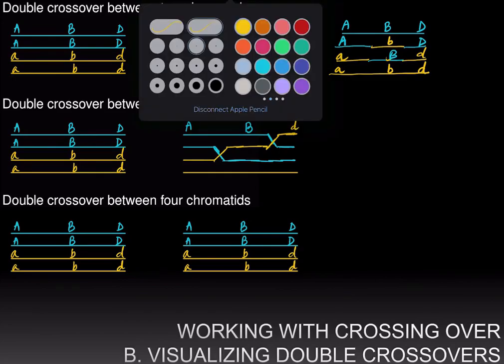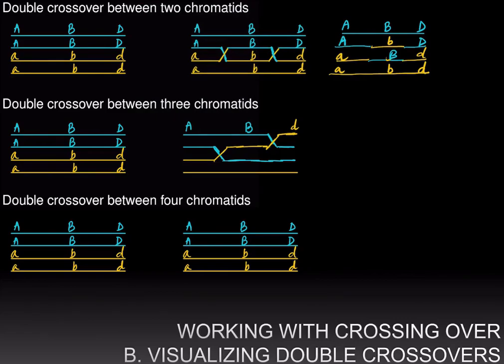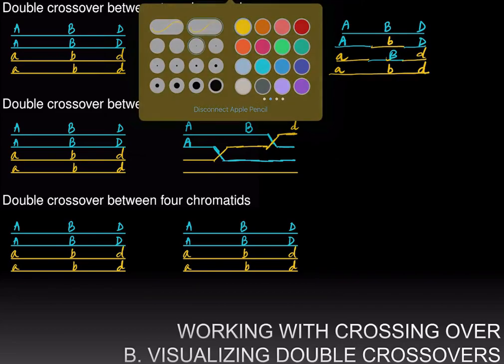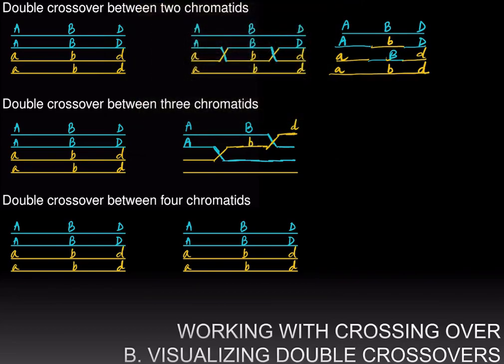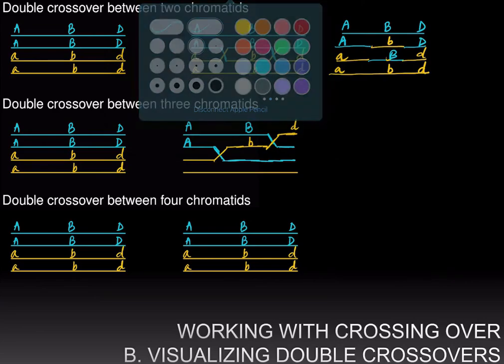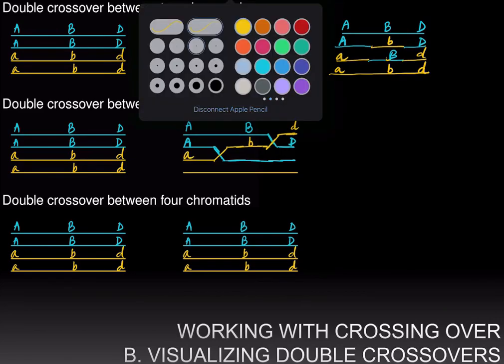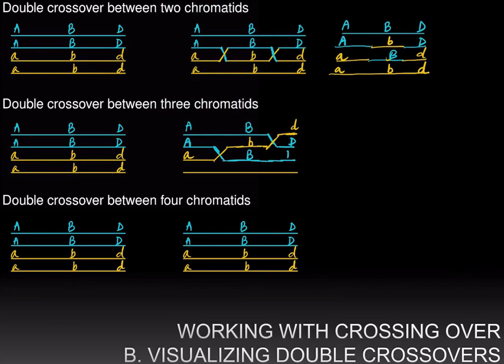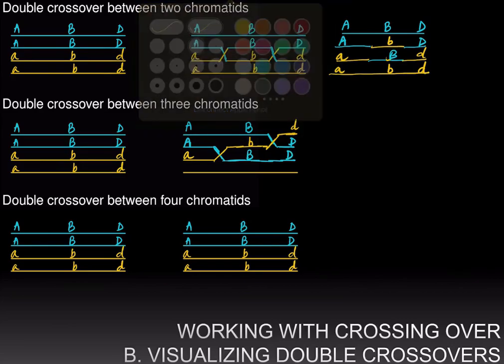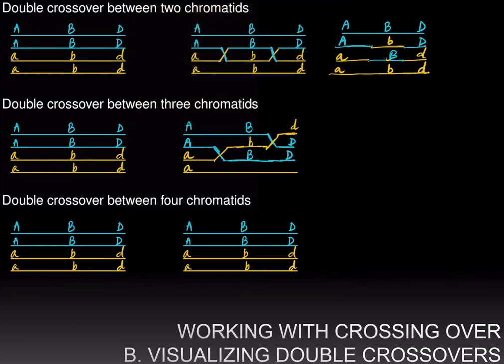The second chromosome will give us a big A, little b, big D. The third chromosome will give us a little a, big B, big D. And the fourth chromatid that never underwent any crossover will give us little a, little b, little d.